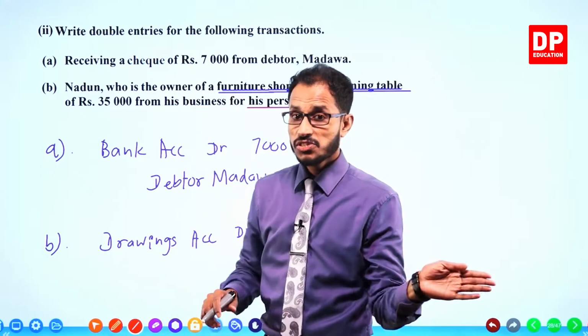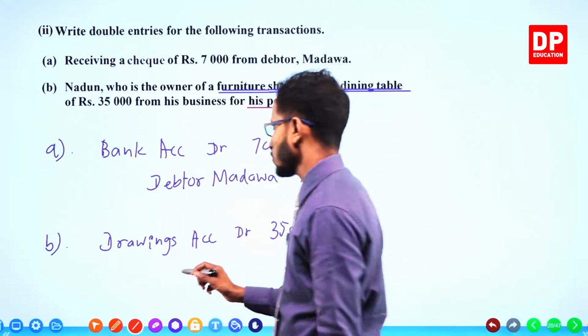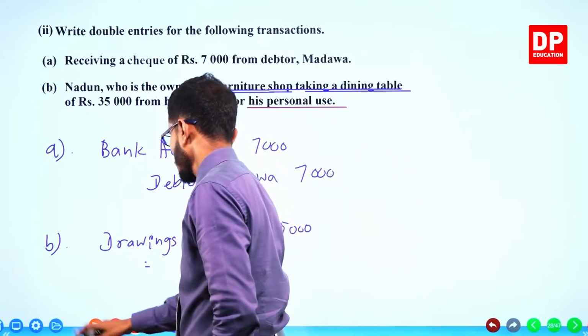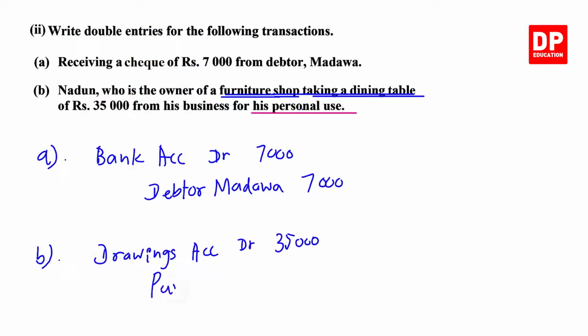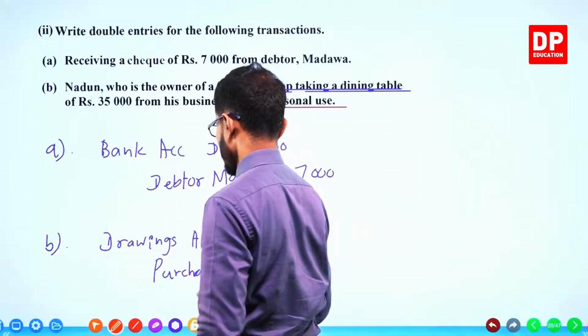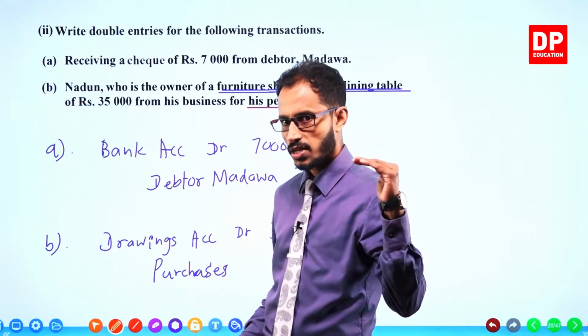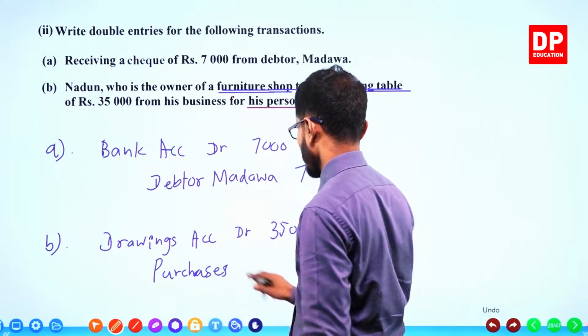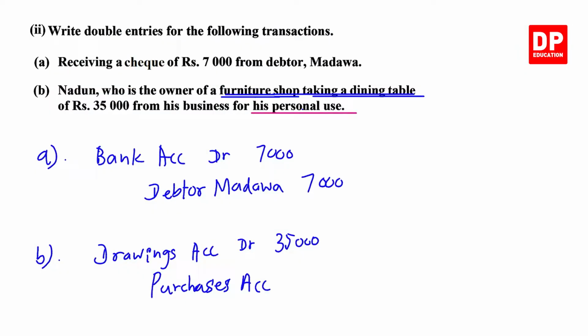So not cash credit, goods credit. There's no goods account at your level of syllabus, so the purchases account must be credited. Purchases account credit 35,000. That's it.